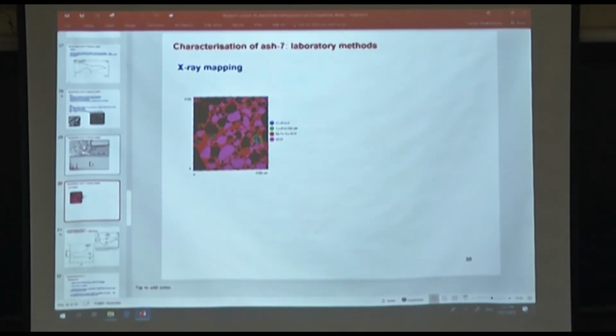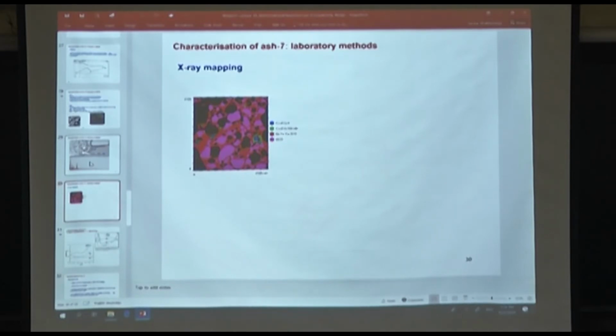Okay? Very, very time consuming. Back in 1997, '98 when we started, this sort of map used to take overnight. So we load it at 8 o'clock in the evening, and then you come back next morning around 6-ish, it will be ready. But now it takes about half an hour or 1 hour, depending on how many elements you are asking it to map, because it maps entirely from one side to the other. And if you have more samples there, then it becomes a little bit more time consuming.